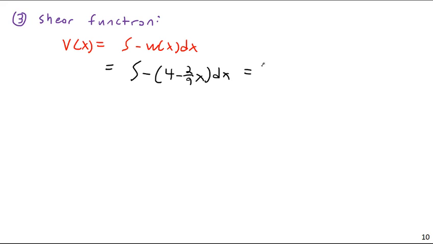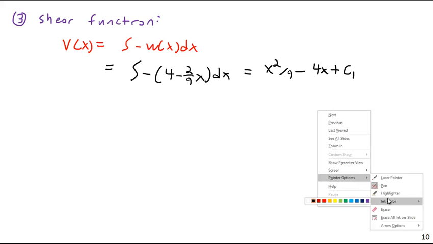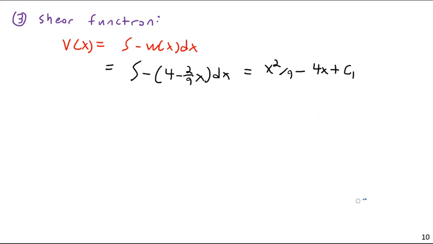If you take the integral of that and distribute the negative, I don't think I need to tell you how to integrate a polynomial: x squared over 9 minus 4x plus a constant. I'm going to call this c1 because we're going to have another one for the moment. The reason we have this c is because this is an indefinite integral.